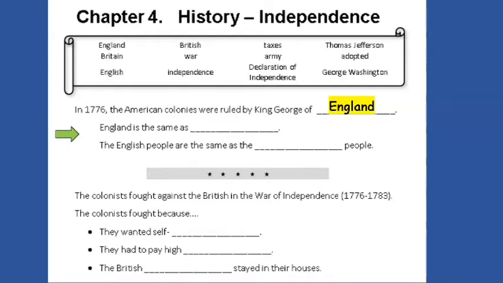England is the same as Britain. The English people are the same as the British people. Say that. Pause the video and write Britain and British.